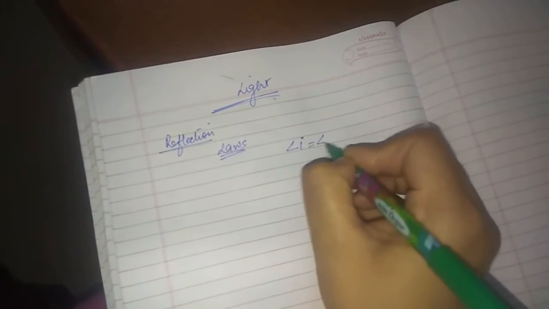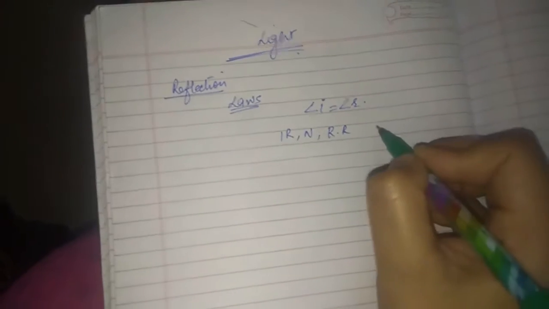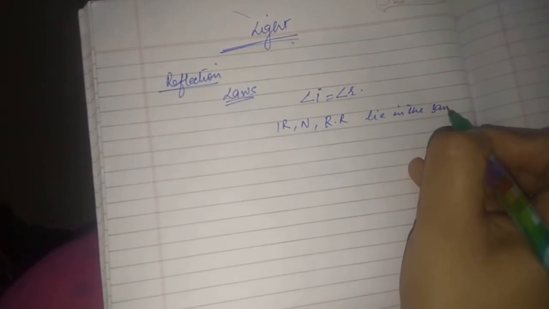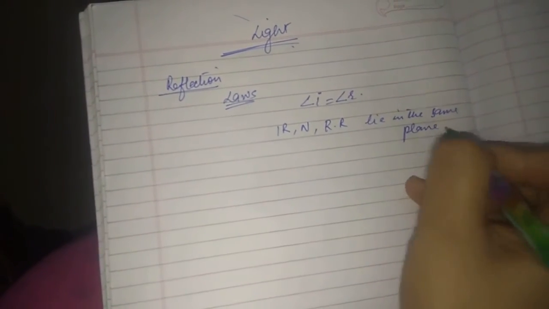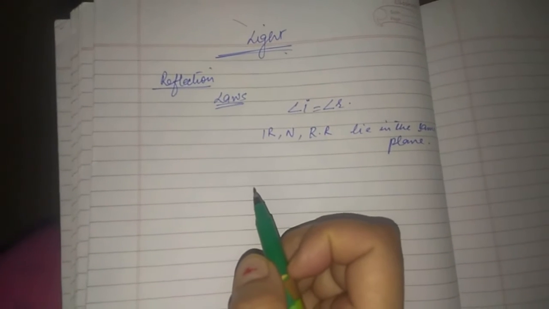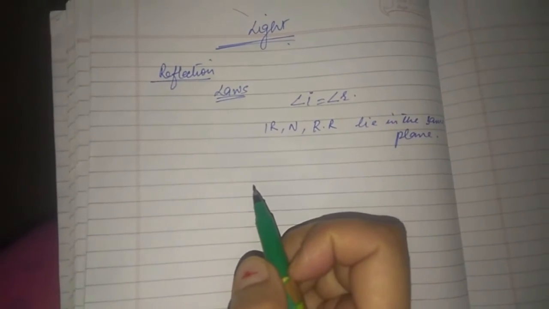Angle of incidence is equal to angle of reflection, and the incident ray, normal and reflected ray lie in the same plane. And the law of reflection is valid for every surface, whether it is rough or smooth. The law of reflection would be satisfied.